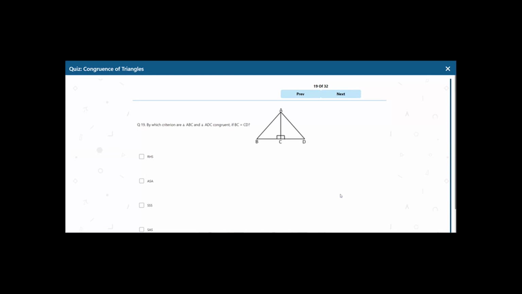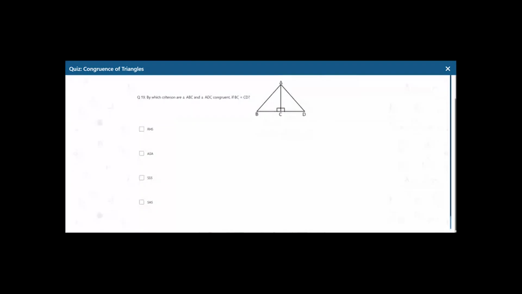Yes, hypotenuse is not given here. Two triangles are said to be congruent by SSS criteria if three sides of a triangle are congruent to the three sides of the other. Correct.